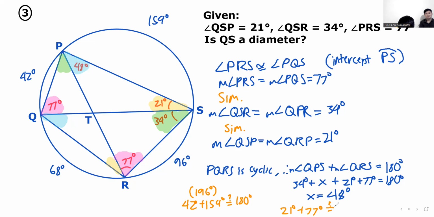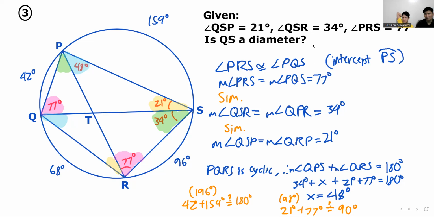Is it equal to 90? No, of course the answer is no. It is 98. So angle QRP plus PRS is not 90.